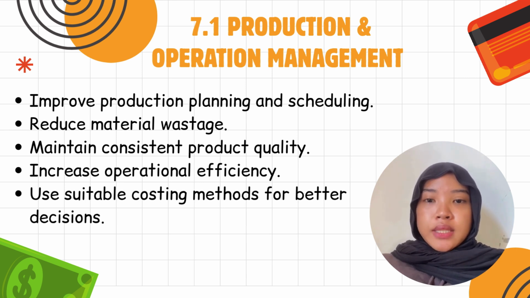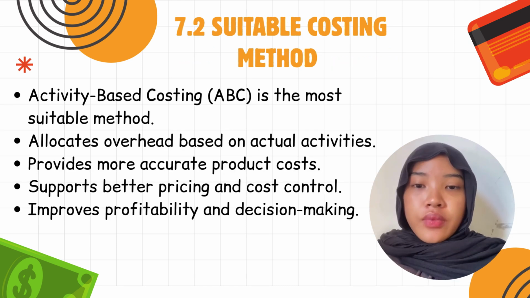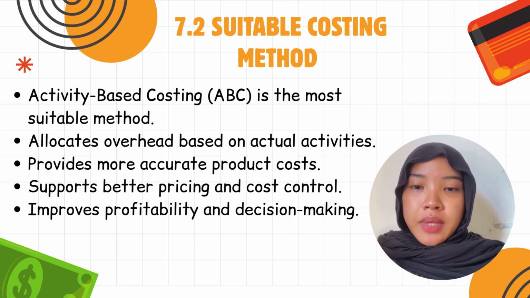To support this improvement, the company needs to use a suitable costing method that provides accurate cost information for better business decisions. After evaluating the company's operation, we found that activity-based costing, or ABC, is the most suitable costing method. Unlike traditional costing, ABC allocates overhead costs based on the actual activities involved in production.